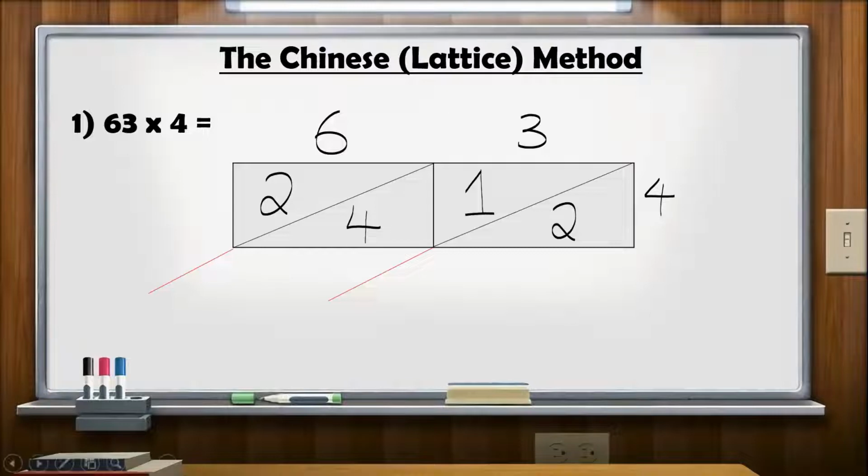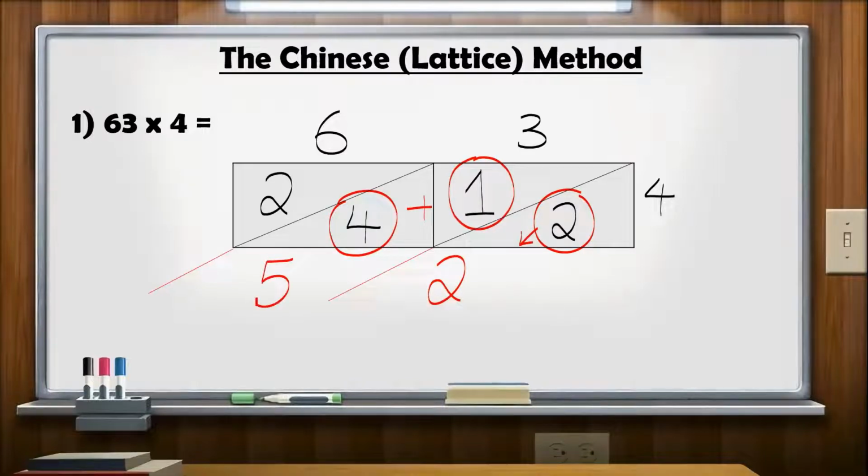Now that we have multiplied the numbers, we are going to be adding our diagonal columns up. So I'm going to start off with the bottom right, and I have my number 2. Because it's on its own, I'm going to bring it down to here. Moving on to my next diagonal column, I'm going to add 1 with 4, and that gives me 5.